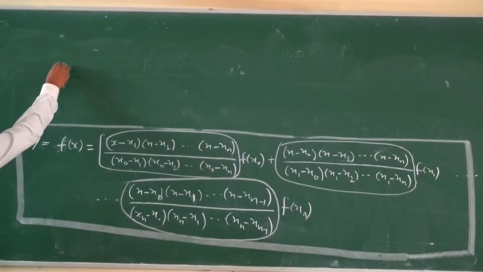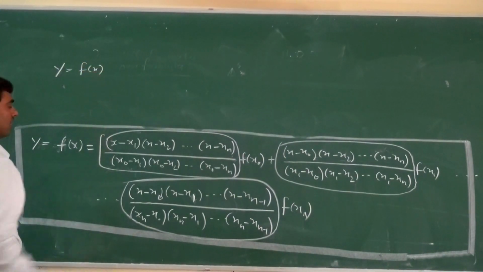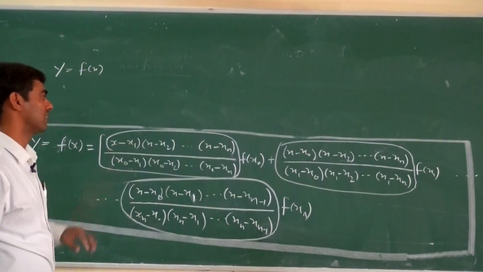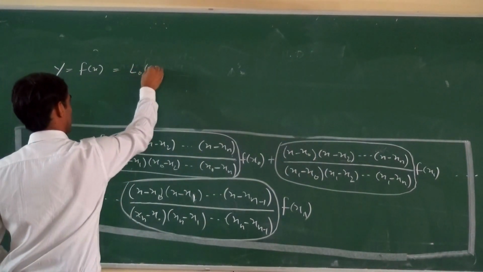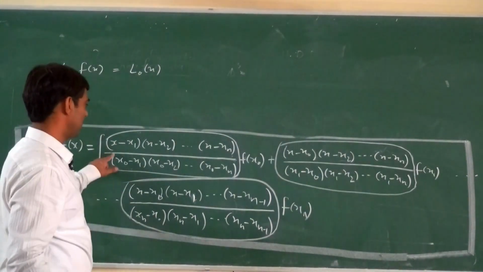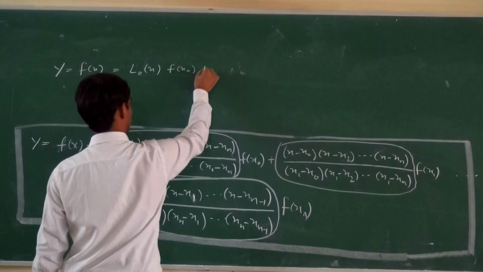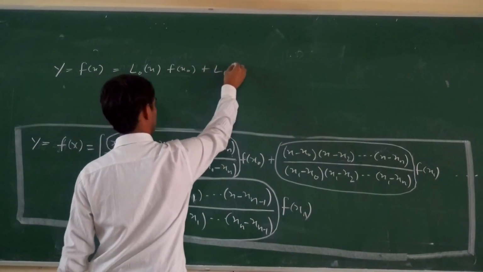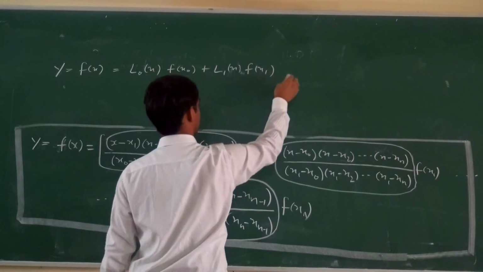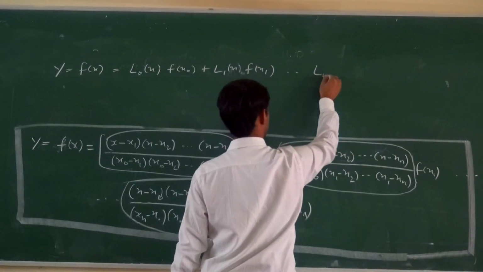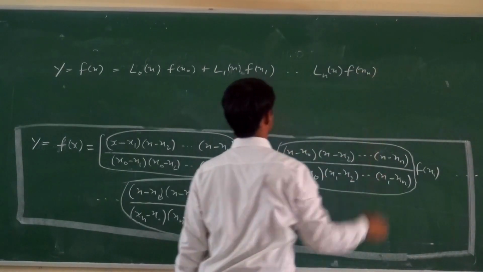So if we write in terms of Lagrange multipliers, y equals f(x) equals L0(x) f of x0, plus L1(x) f of x1, and similarly Ln(x) f of xn.